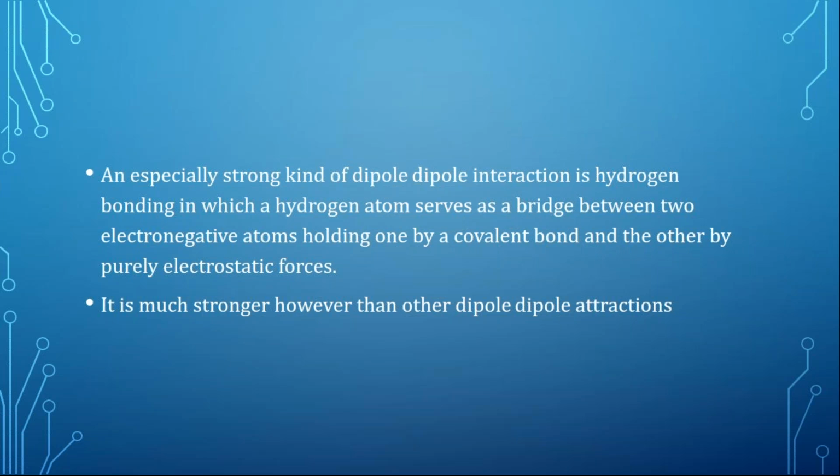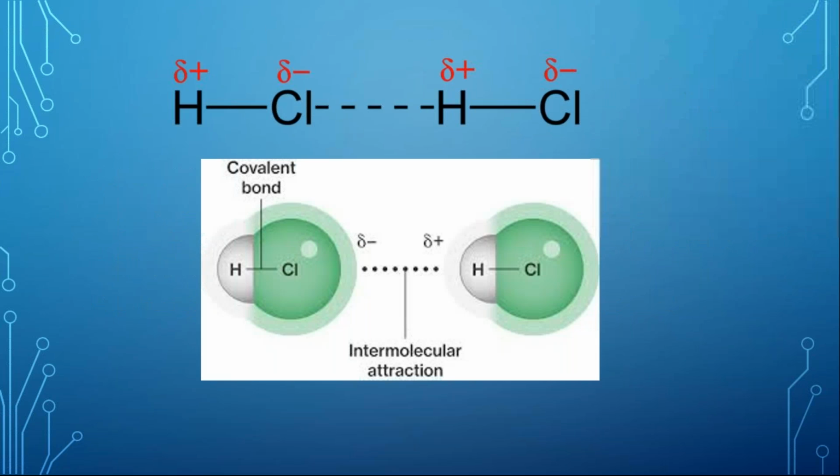When hydrogen is attached to a highly electronegative atom, what happens? The electron cloud is greatly distorted towards the electronegative atom, exposing the hydrogen nucleus. The strong positive charge of the thinly shielded hydrogen nucleus is strongly attracted by the negative charge of the electronegative atom of a second molecule.